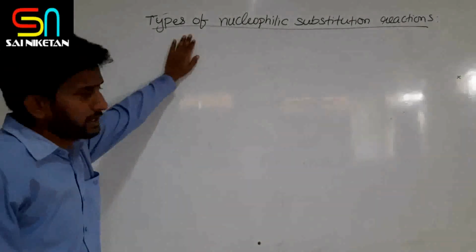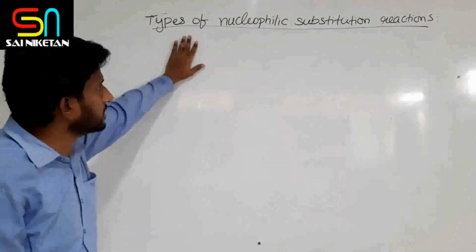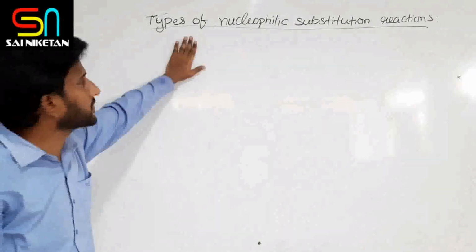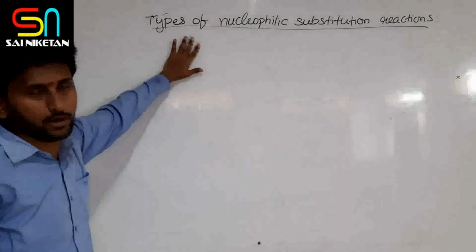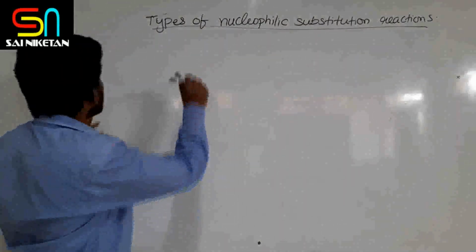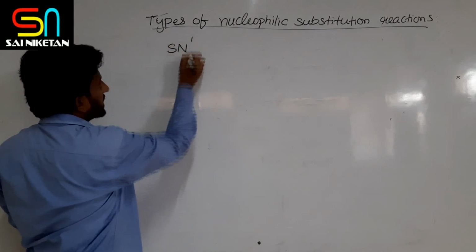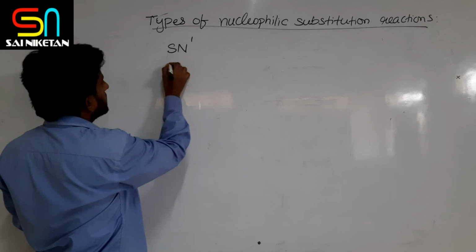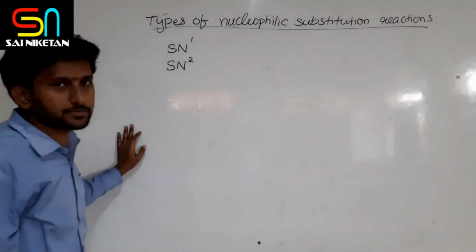We have seen that alkyl halides undergo nucleophilic substitution reactions. In that, there are two types, or two mechanisms. One is called the SN1 mechanism and another is called the SN2 mechanism.